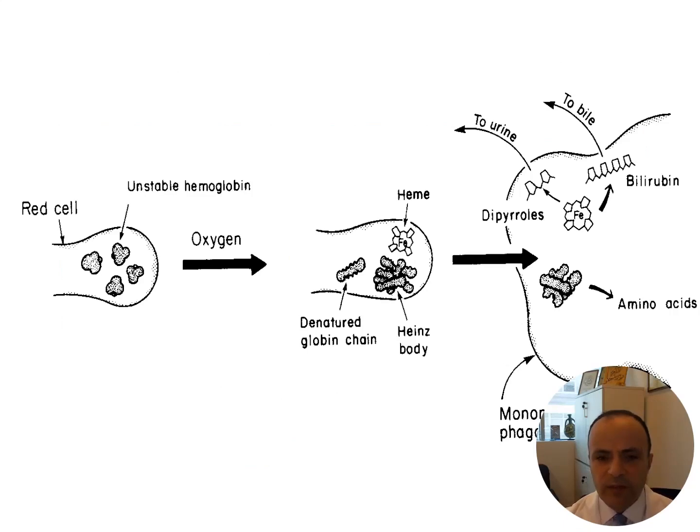So this is an example, for example in sickle cell, where you have unstable hemoglobin. The unstable hemoglobin gets deposited in the red cells, what we call Heinz bodies, and this will lead to abnormal, stiff red blood cells. It goes to the splenic macrophages and gets degraded as extravascular hemolysis.